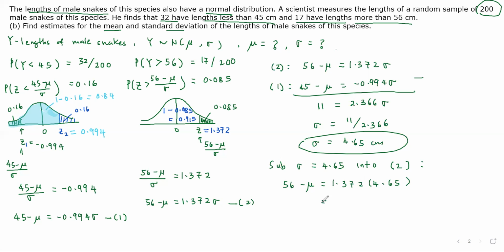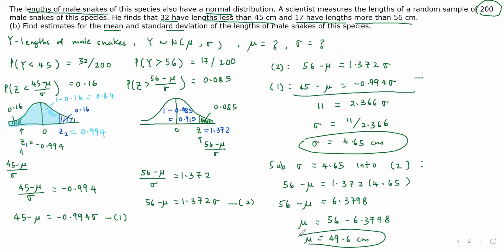That is a value of 6.3798. 56 minus mu is 6.3798. Rearranging, mu is 56 minus 6.3798. Mu is therefore 49.6 centimeters.